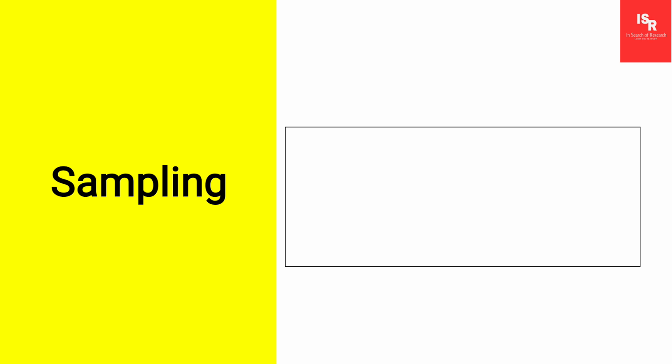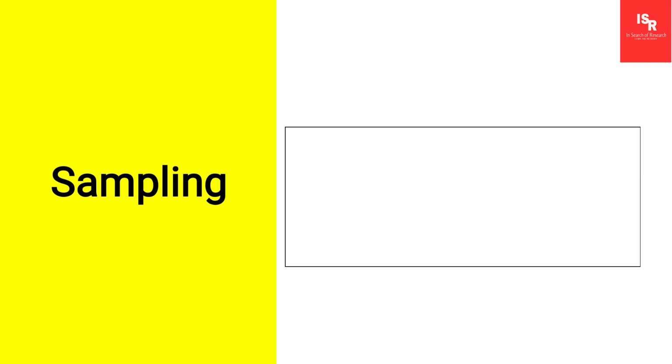Today we'll discuss a very interesting topic in your research methodology part, that is sampling. So, what exactly is a sample, what is sampling, and what are the different sampling techniques you can use in your research?